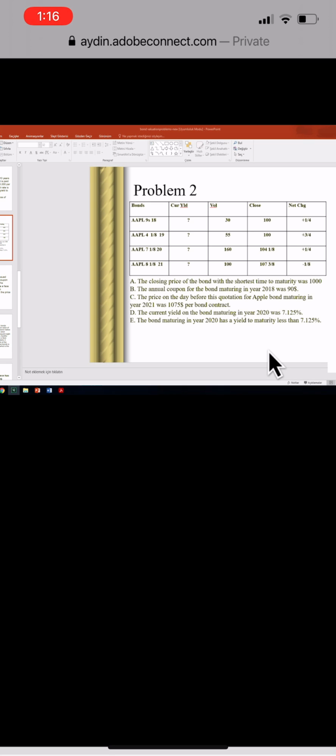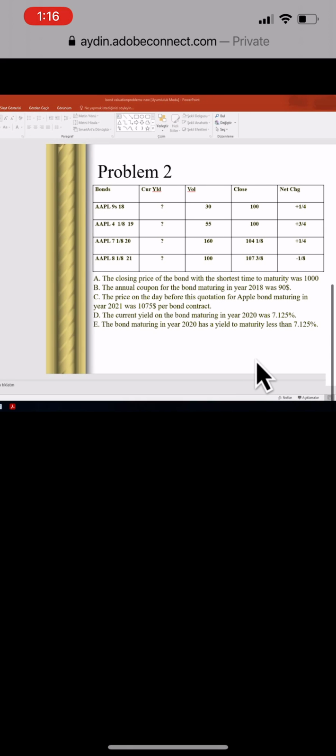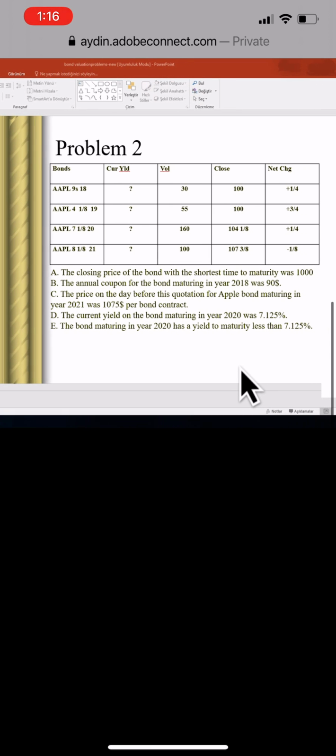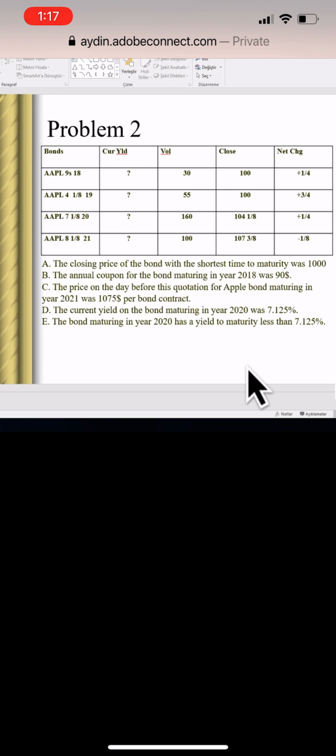As you can see, this table is very much similar to that we had in our presentation, and given this table, we have to verify certain items. Like in the first item, for example, we have such a statement. We have to verify whether this statement is true or not.